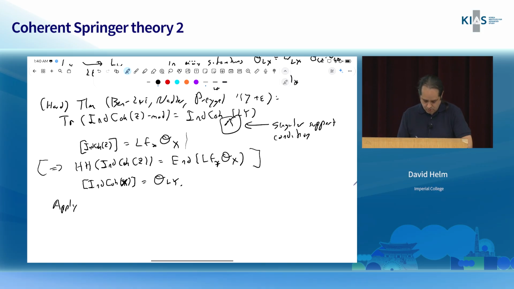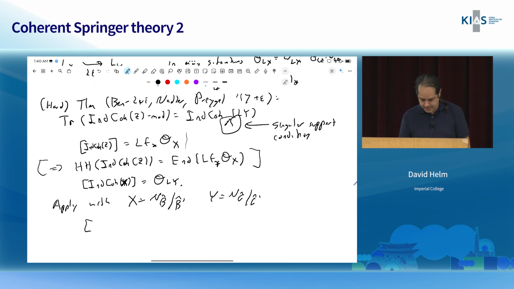Okay, so let's apply this with X as B hat mod B hat prime, and Y as G hat mod G hat prime.